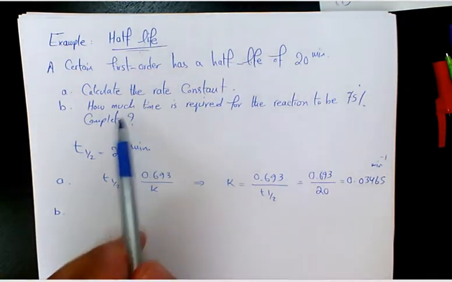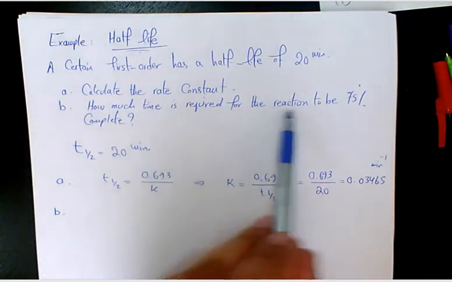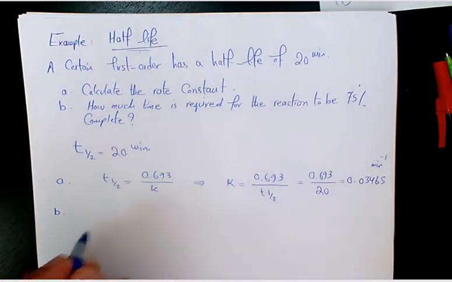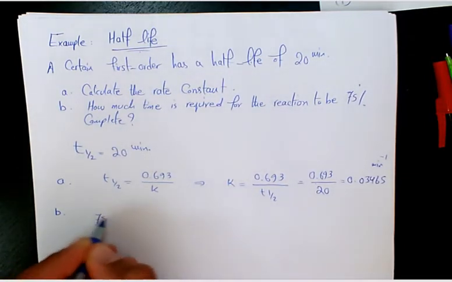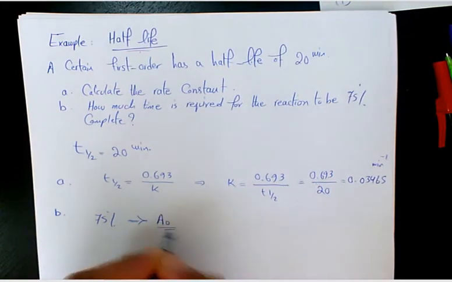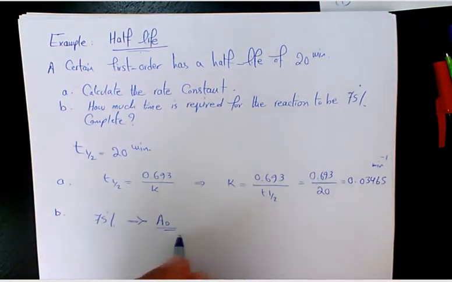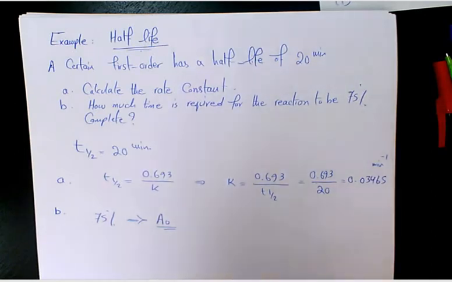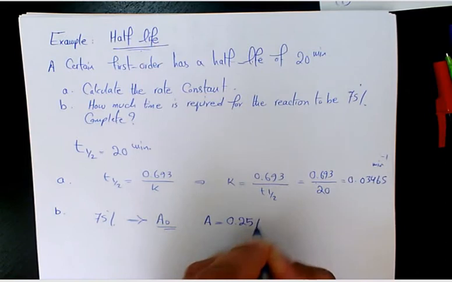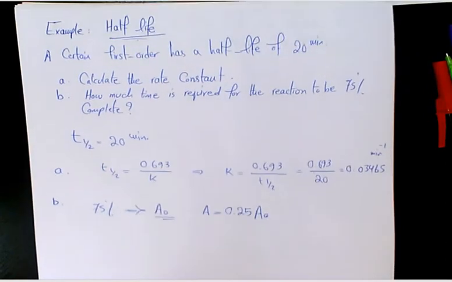Part B. How much time is required for the reaction to be 75% complete? So 75% complete, it means that 75% of the original concentration is consumed. It means that only 25% is remaining. So A is going to be equal to 0.25 of A naught.